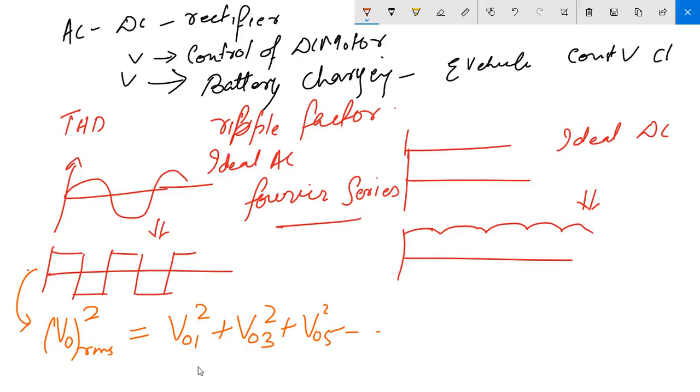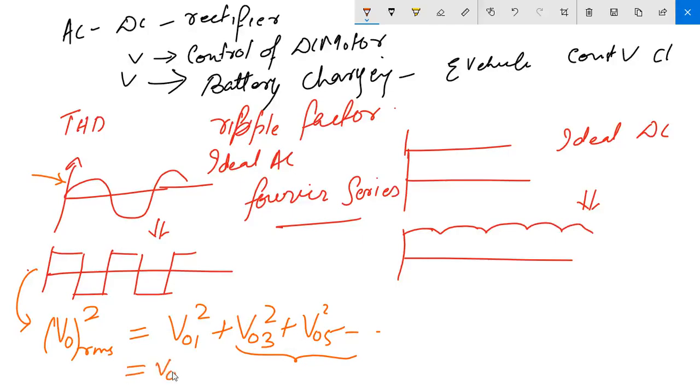V01 is my fundamental waveform, that is my ideal waveform. But because the nature of the waveform changed, there are these harmonics. That's why we tell all this as harmonics.